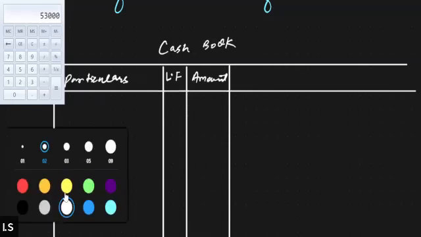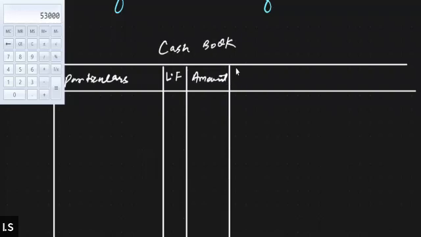This is the left side of the cash book. On the right side of the cash book, again we need to write down the date.